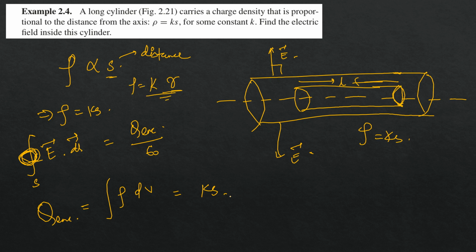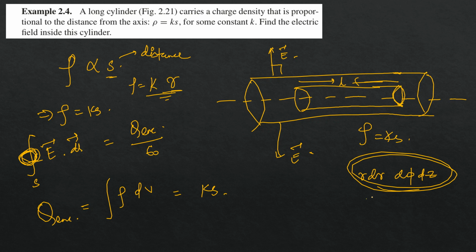What is the volume element for cylindrical coordinates? r dr d phi dz. So here r dr will be s ds, d phi, dz. I will take k out.